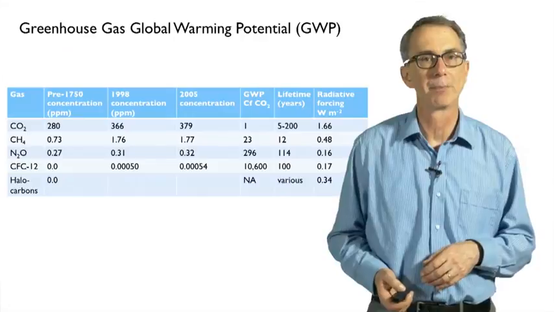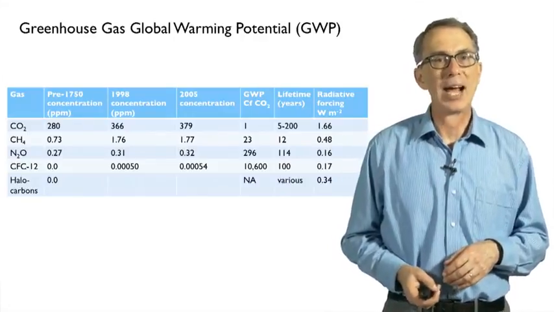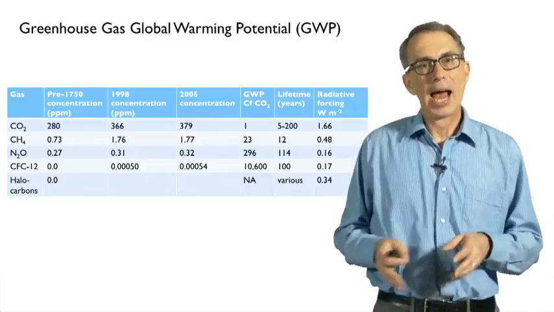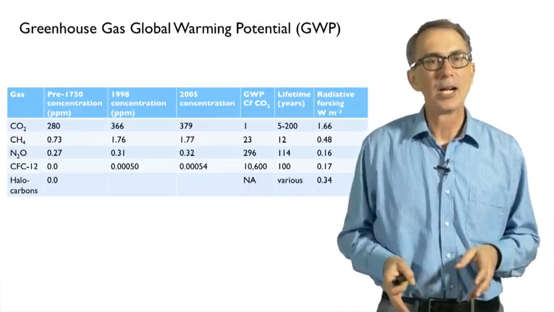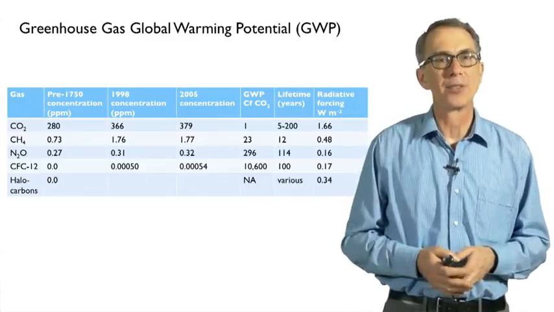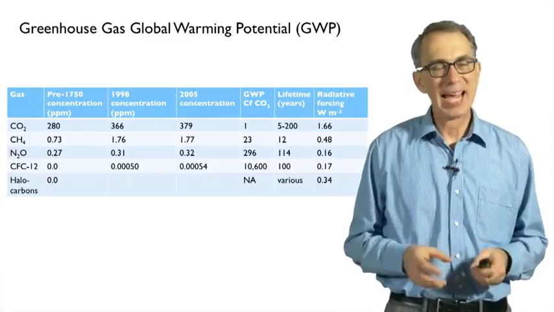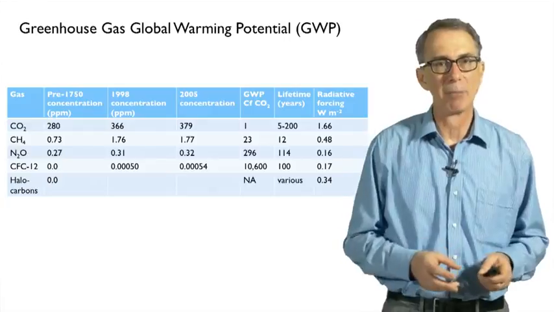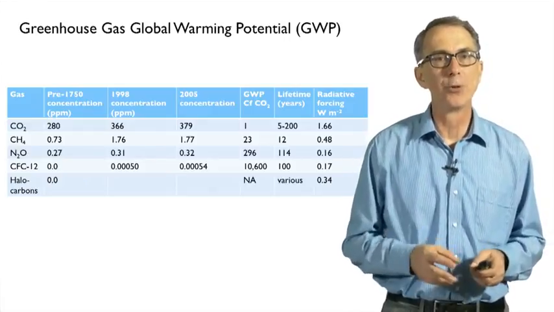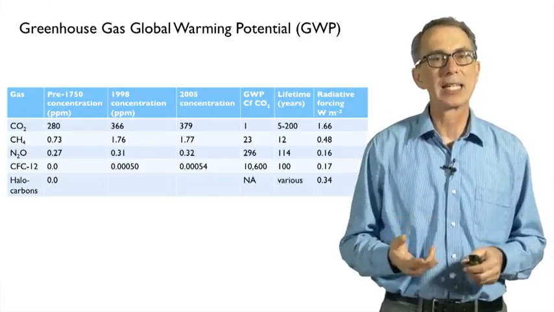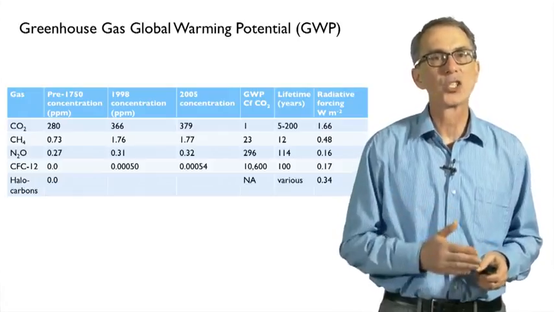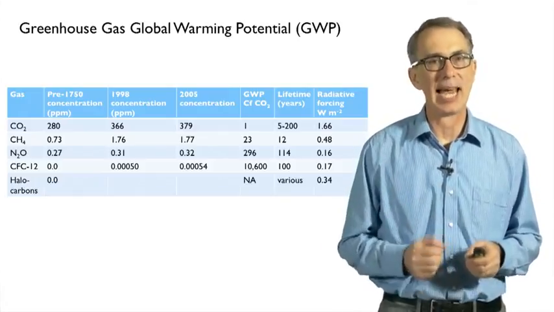So if we look at how these gases have changed over time and how important they are for warming up the atmosphere, the impact of a gas in terms of warming up the atmosphere is related both to its relative impact in warming and its lifetime in the atmosphere.